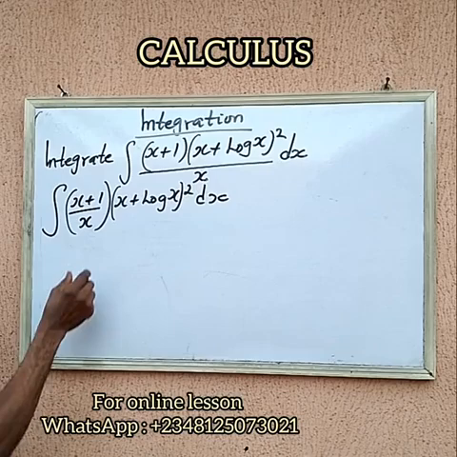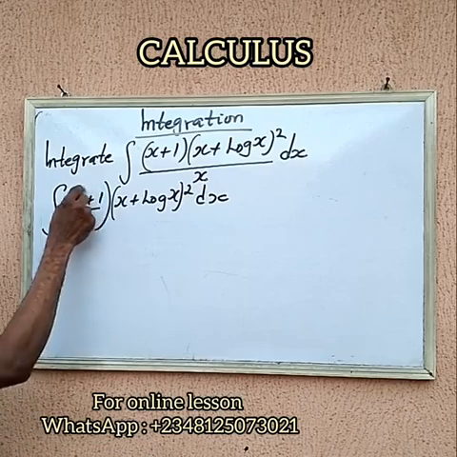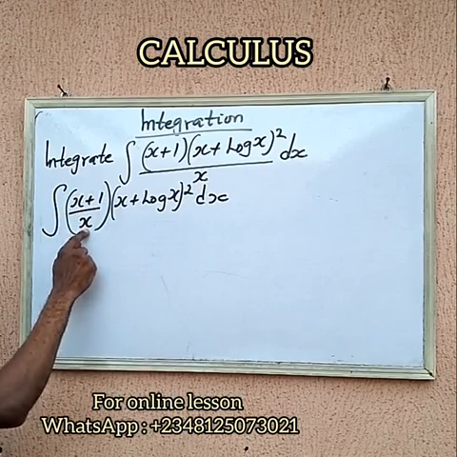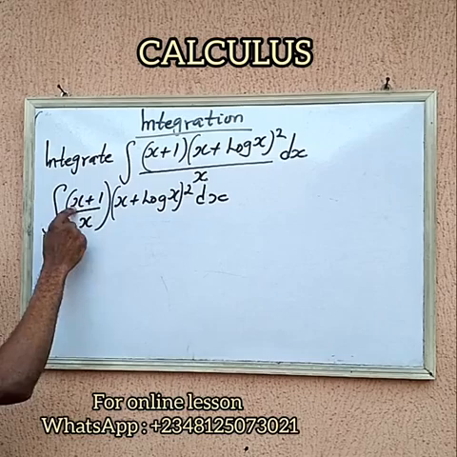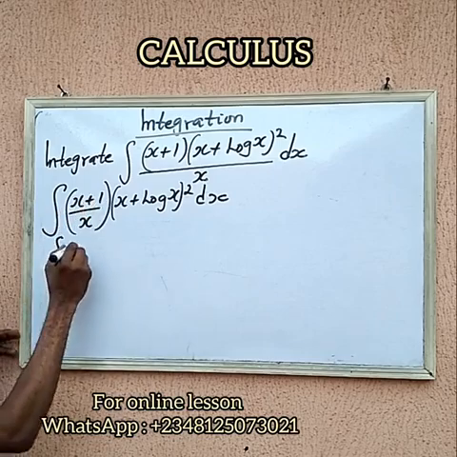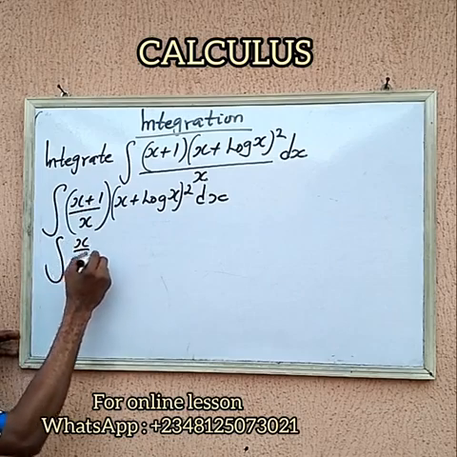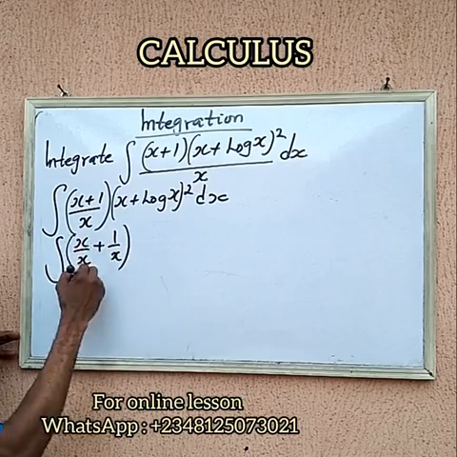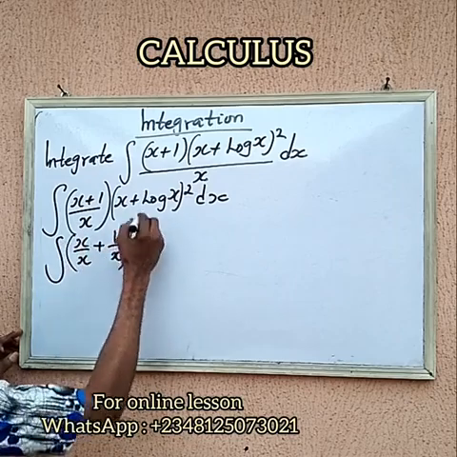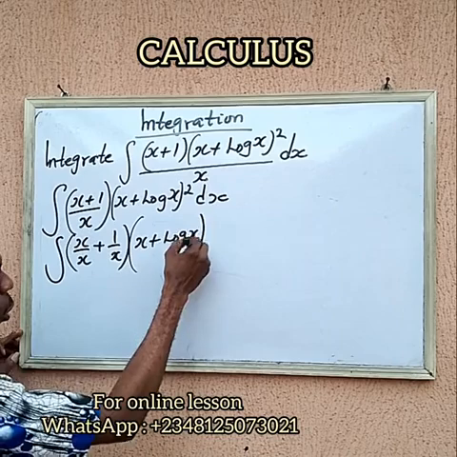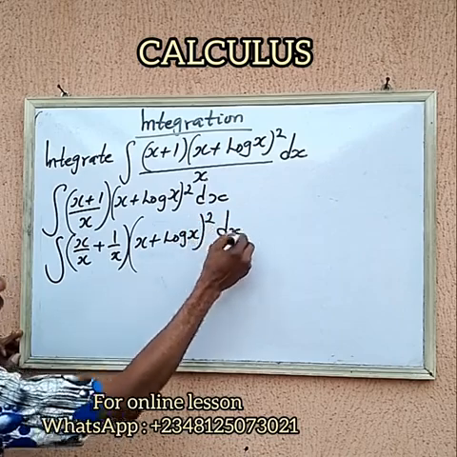The next thing we are going to do is to distribute what we have here to what is inside, both x and 1. So we distribute this x here as a common denominator to x and also to 1. It becomes x over x, then plus 1 over x, then we are multiplying what we have here, x plus log x all squared, then you bring your dx here.